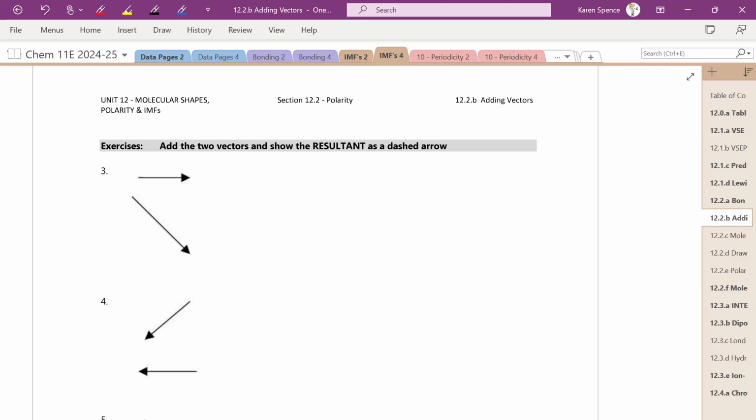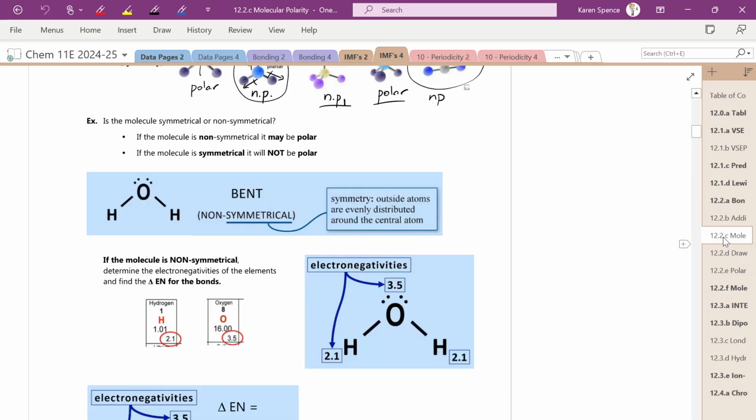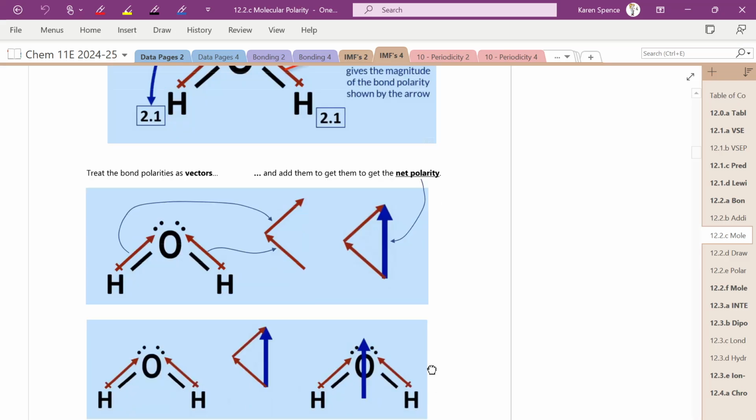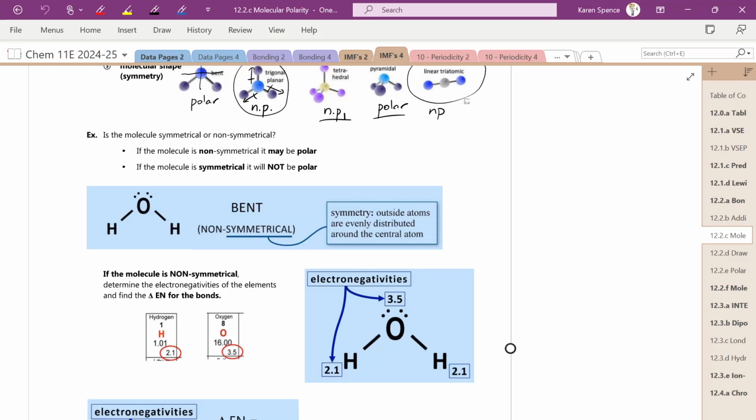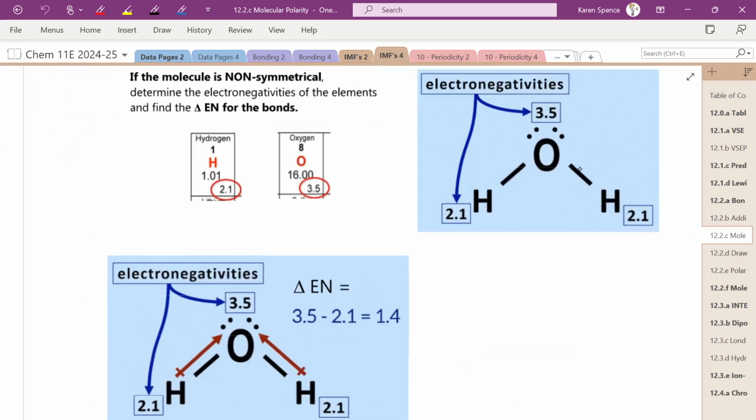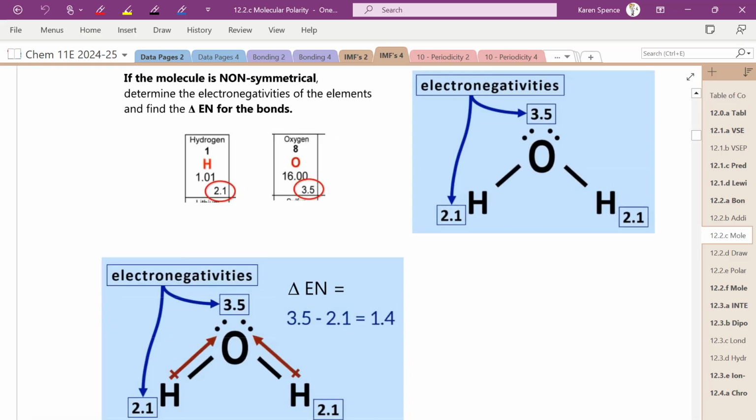All right, so that is then going to take you into, and I don't know if any of you went over this last day, but what you can see is that if you look at the electronegativities of elements, and if you had to draw the net dipole moment for this thing, you might just be able to look at it and go, that's an upward arrow.